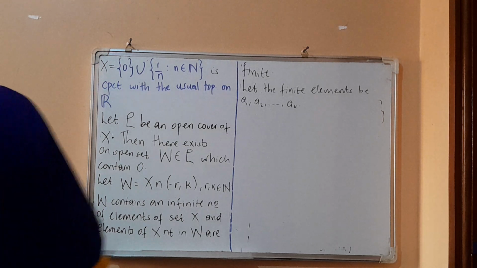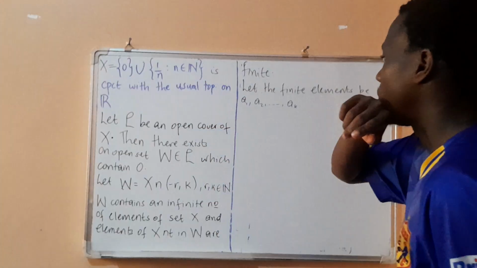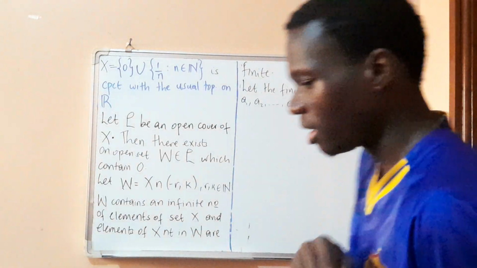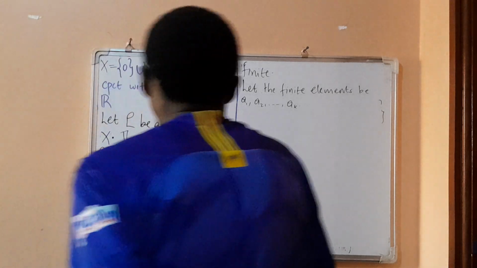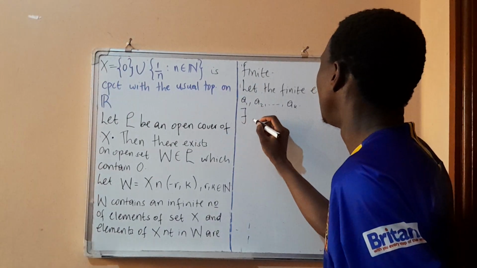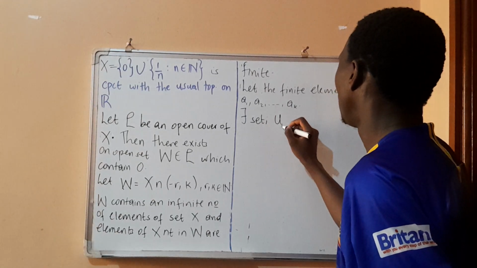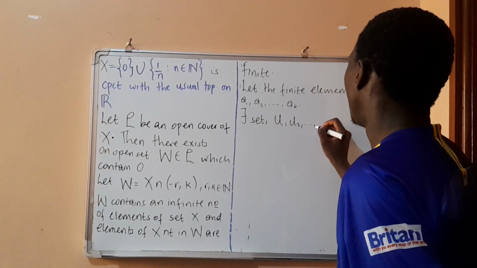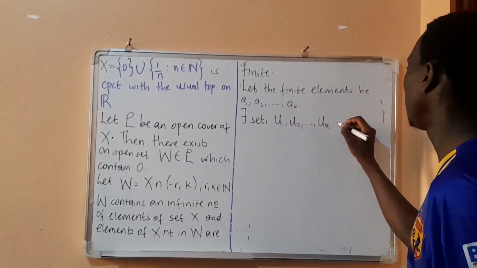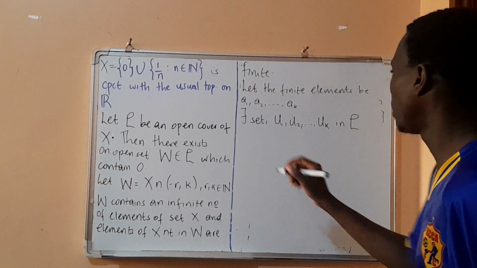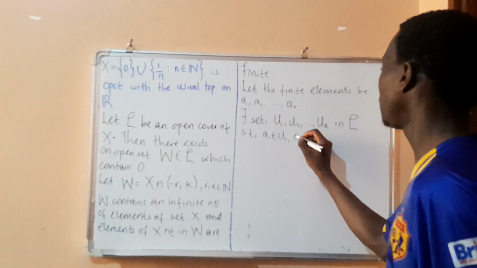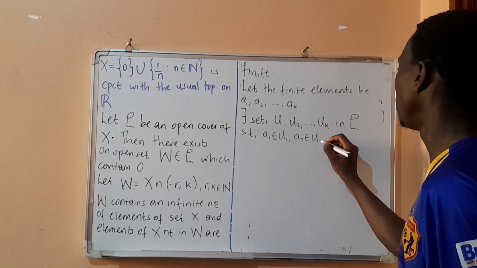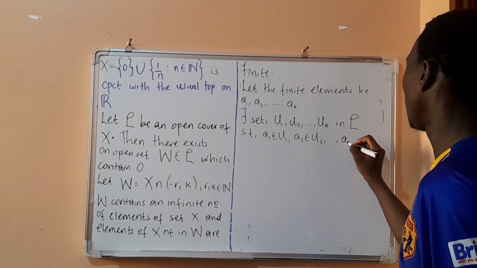Since this is an open cover of X, a collection of open subsets of X whose union is the whole of X, there exist sets U1, U2, up to UK in that collection such that A1 is in U1, A2 is in U2, and AK is in UK.